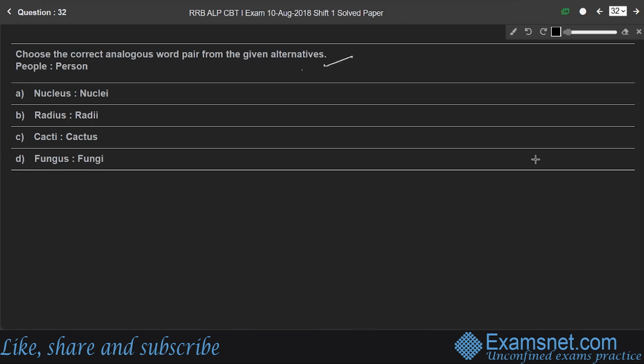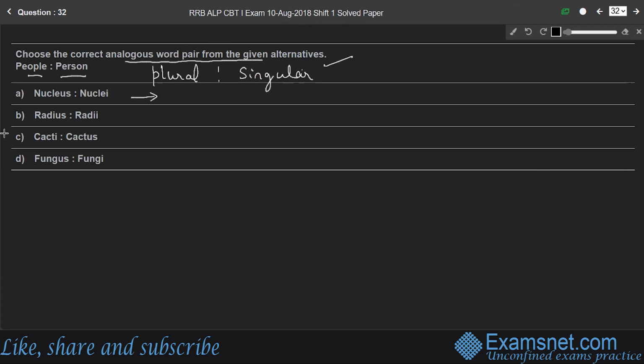Question 32. Choose the correct analogous word pair from the given alternatives. People is related to person. Here, people is the plural form of person, so the pattern is plural, singular.